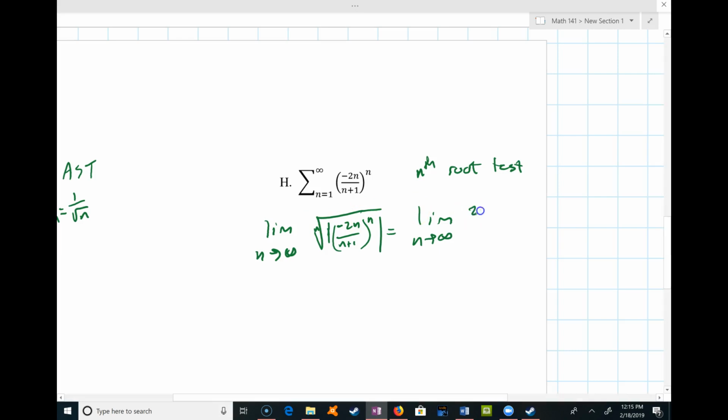So that would be 2 over n plus 1, and that approaches 2, which is greater than 1. Since this is greater than 1, that means that original series is divergent.